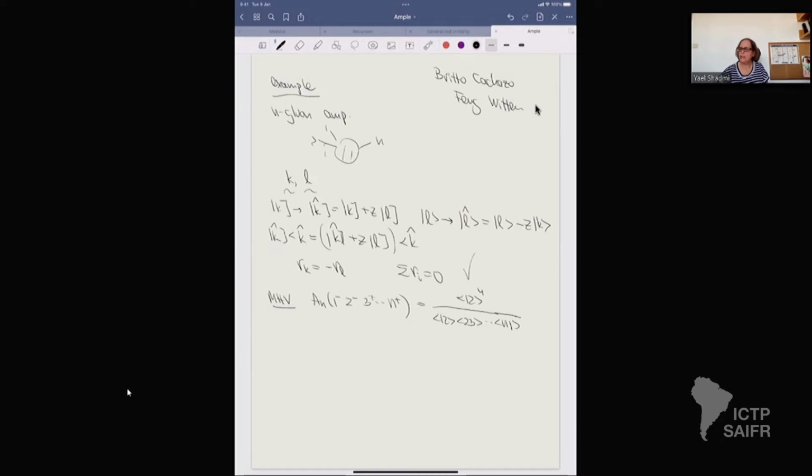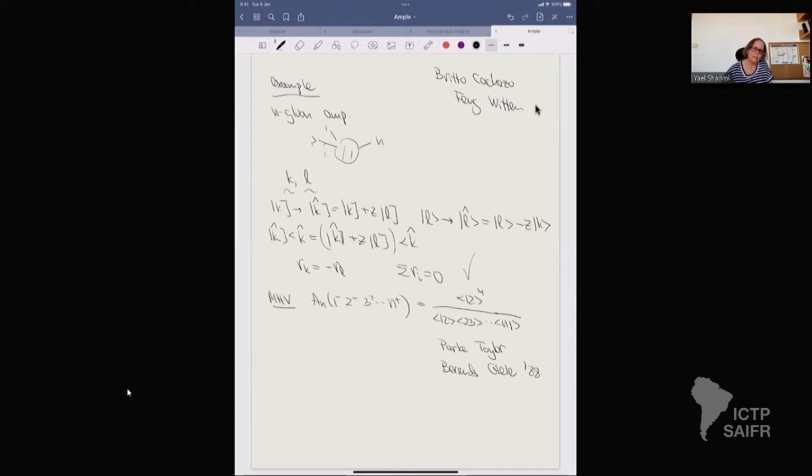And this is actually a form that was guessed, I think I already said this, by Parke and Taylor in the 80s, some 80-something, I think. And then it was proved recursively, actually, by Berends and Giele using other methods in 88.